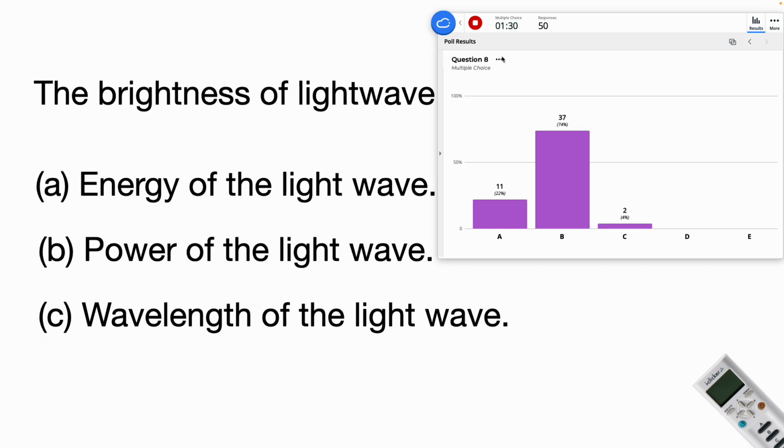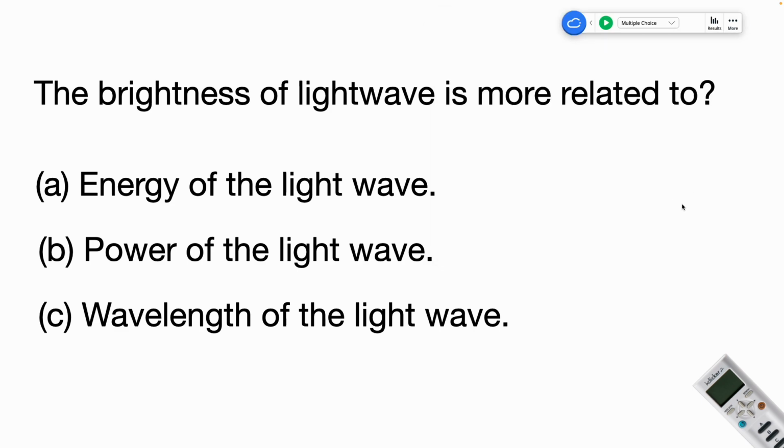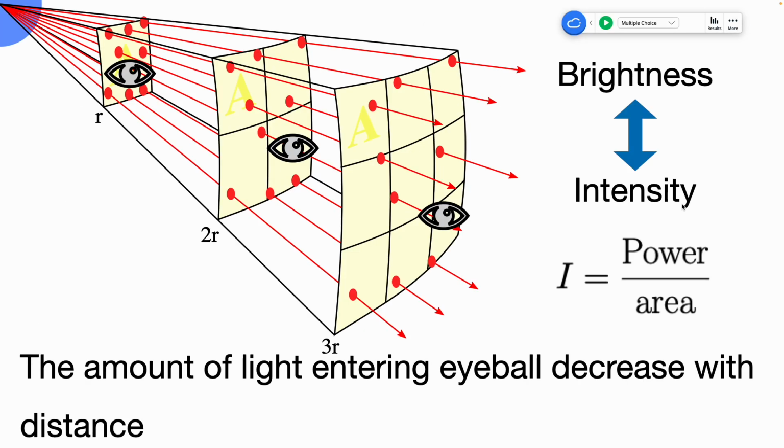The actual answer is something called intensity. It's related to power, but the power of a light source is the same. It's just there. As you go further away, though, you should see the brightness of, let's say, the star decrease. But the power of the star emitting the light wave should never change as you go further away.